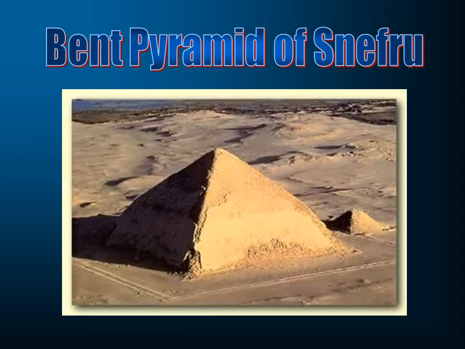And so the builders change the angle of the pyramid, so it becomes the bent pyramid, and we're talking about the big one, not the little one to the side, where it starts off at one angle, and then about halfway up they change the angle so that it won't crumble. But still, it's not very safe. It's not very secure. And Sneferu goes on to build a third pyramid.